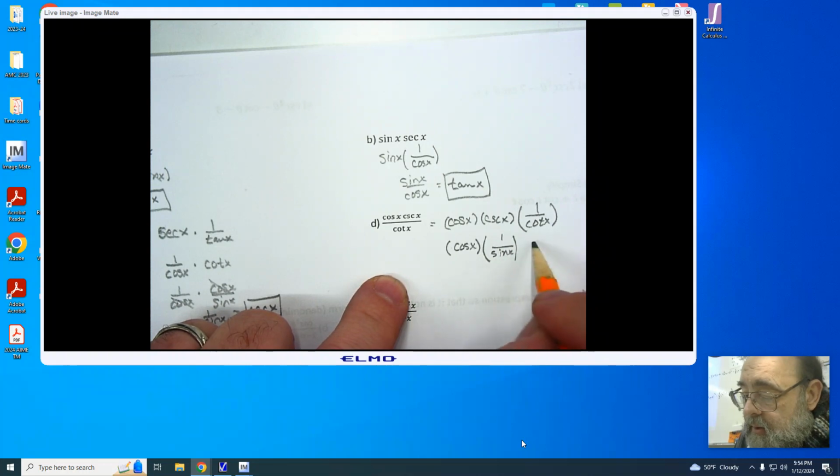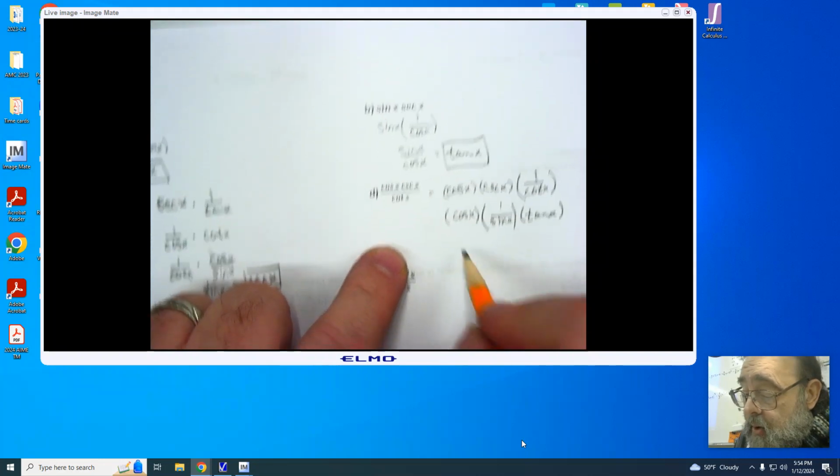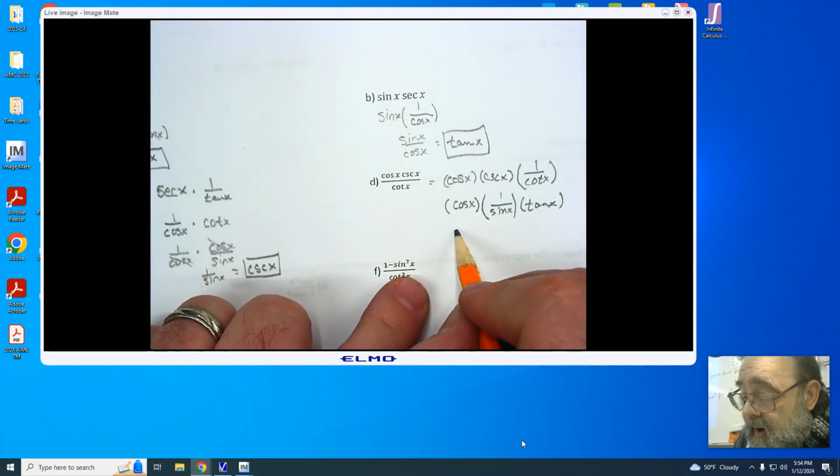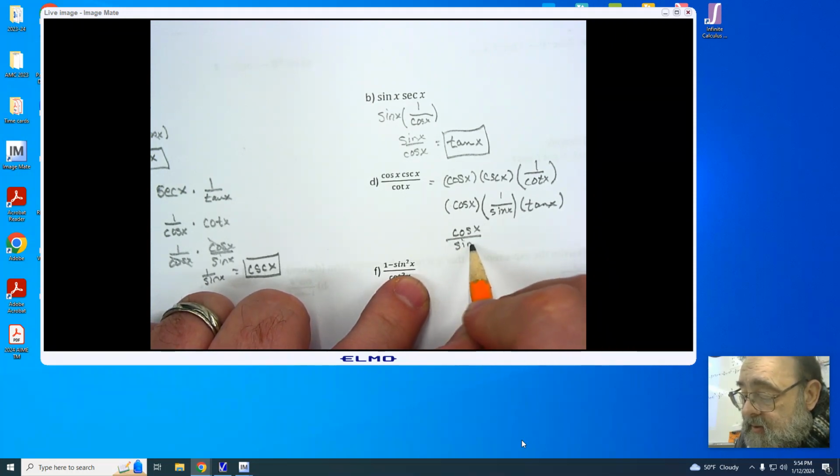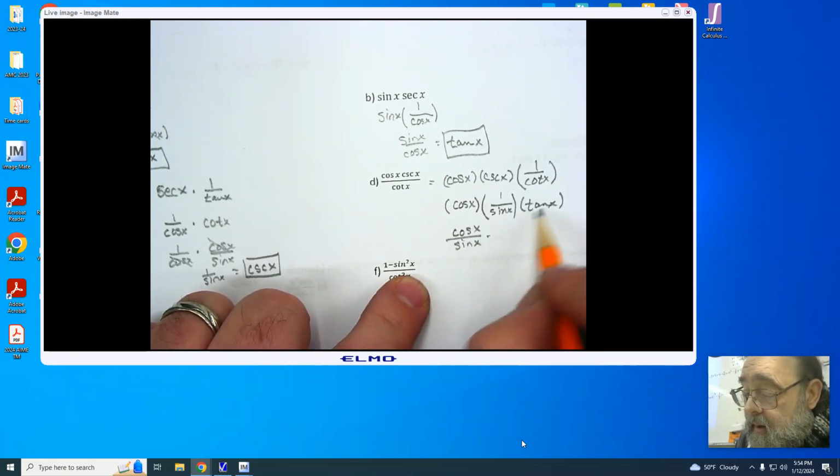And I know that 1 over the cotangent of x is simply the tangent of x. I'm now going to finish by simplifying this. So I have cosine of x, 1 over sine of x, times, now I replace the tangent with sine of x over cosine of x. And my answer is 1.